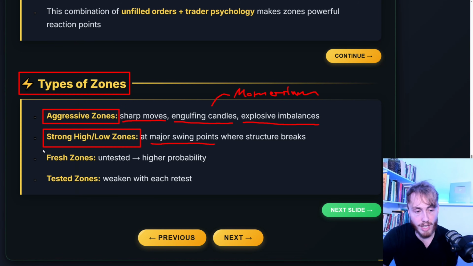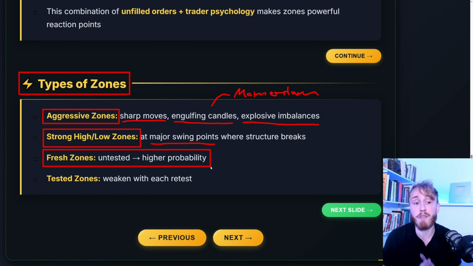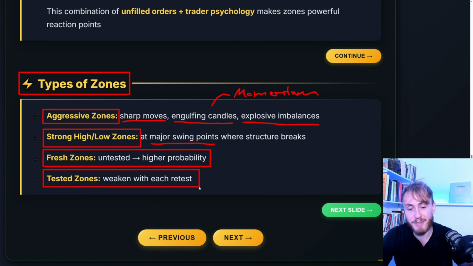The next zone type we have to learn about is something called fresh zones. And a fresh zone is, in simple terms, a zone that hasn't been tested yet. And we will take a look at that step by step. Last but not least, we have the tested zone. So this right here is a zone that has been tested. And we will take a look at all of these zone types now, step by step.